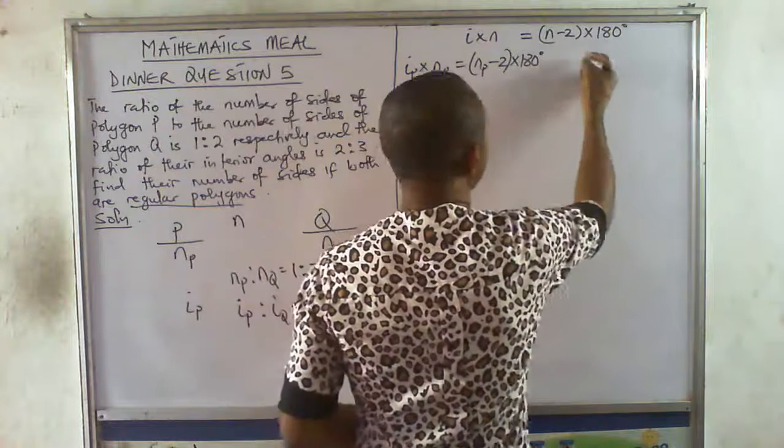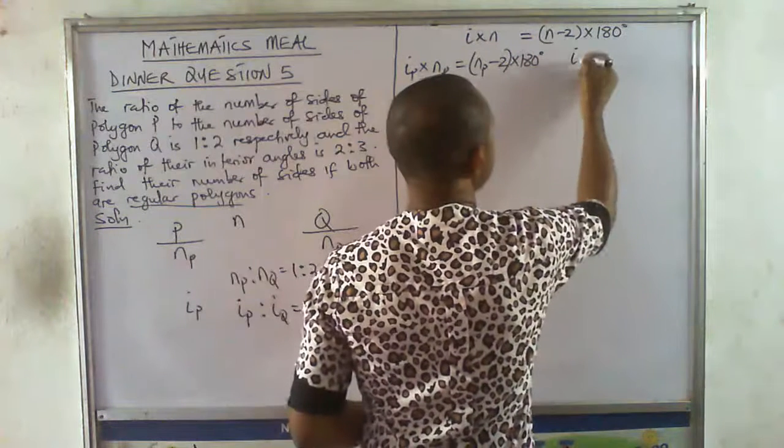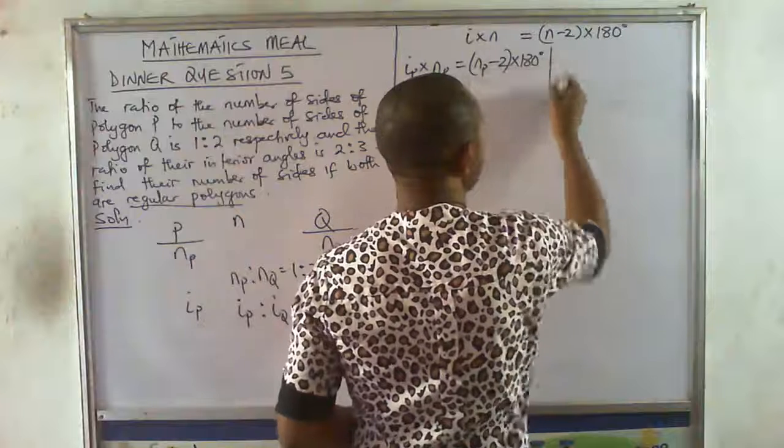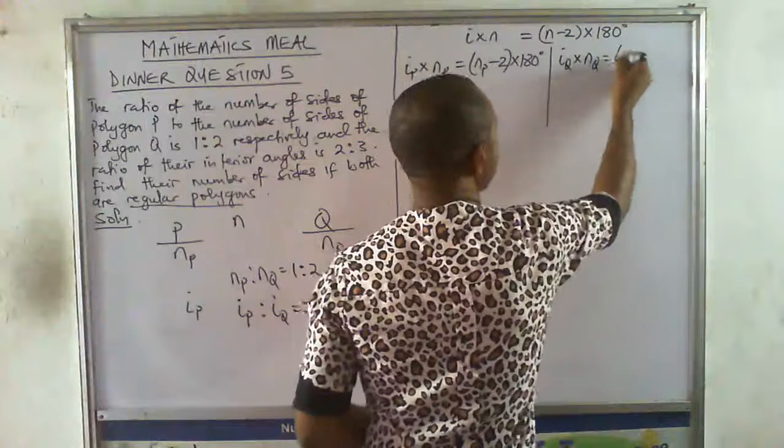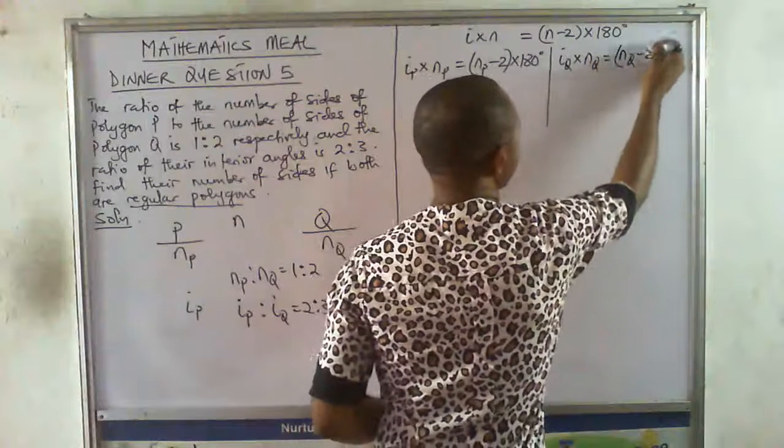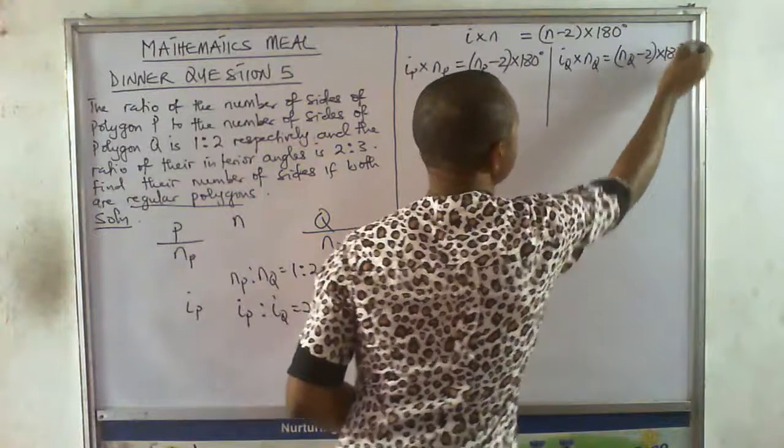The same way, IQ times NQ will give us (NQ minus 2) times 180 degrees.